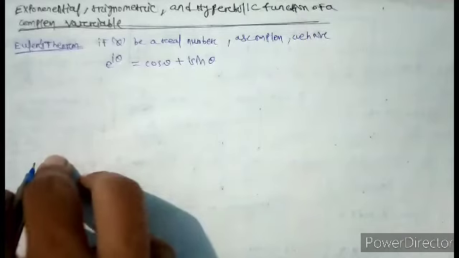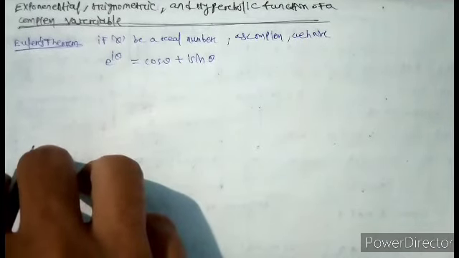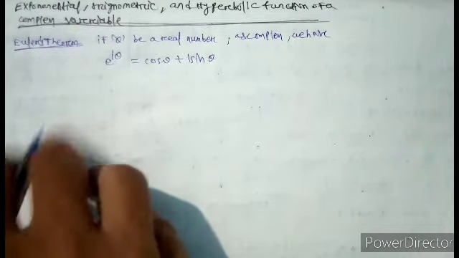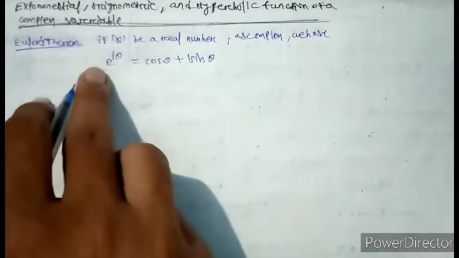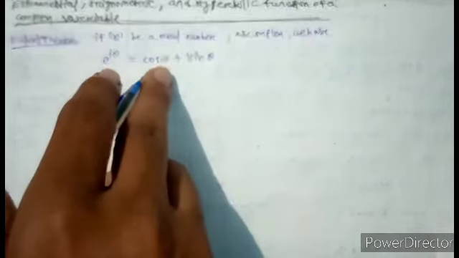Okay, that is Euler's theorem: e to the power i theta is equal to cos theta plus i sin theta.